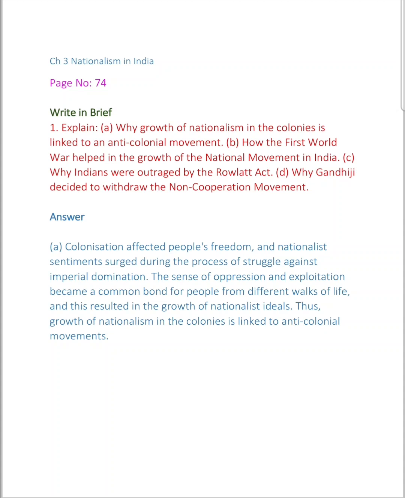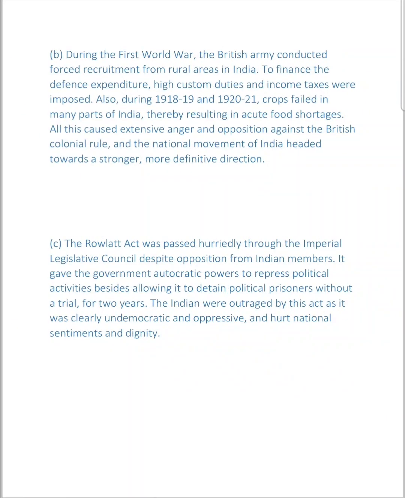Part B: how the First World War helped in the growth of the national movement in India. Answer: during the First World War, the British Army conducted forced recruitment from rural areas in India to finance the defense expenditure. High custom duties and income tax were imposed.